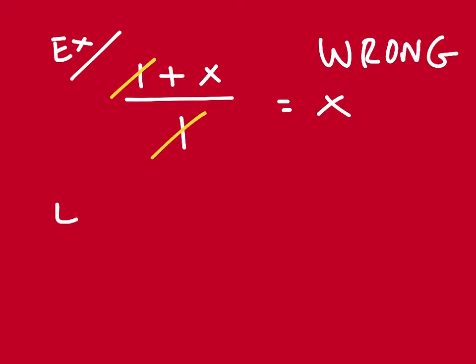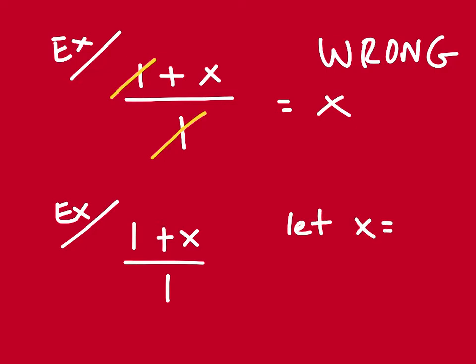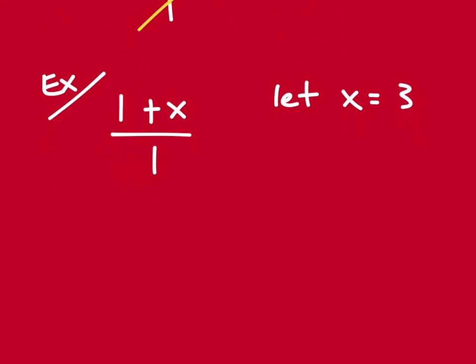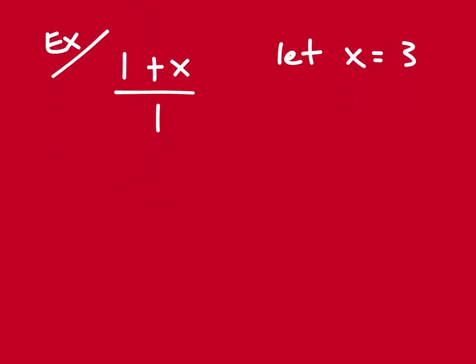So let's look at this. Let's say that you had 1 plus x divided by 1, and let x be equal to, say, 3. Now, I want to substitute this value in. If I do 1 plus 3 over 1, that's going to give us 4 over 1, which just gives us 4.